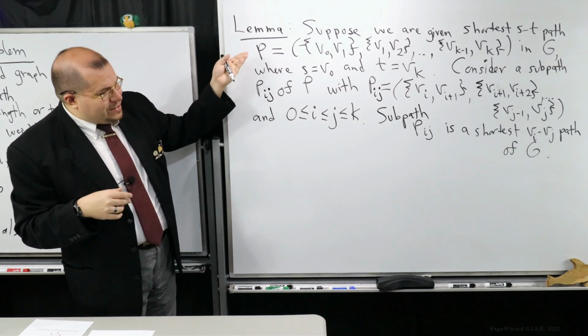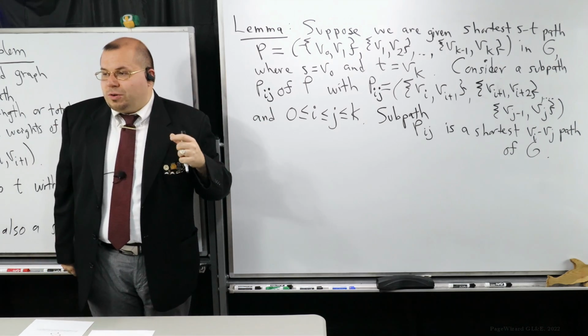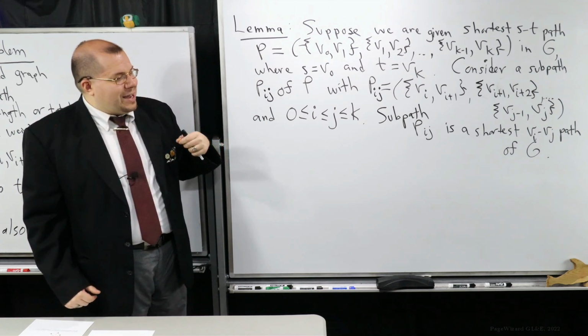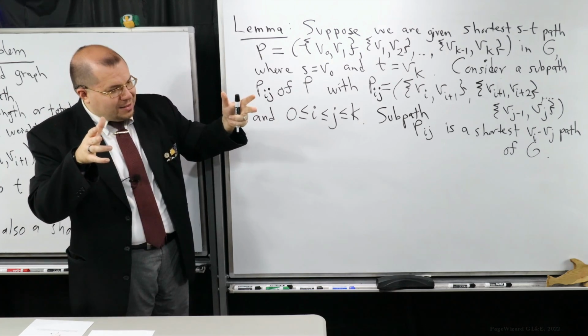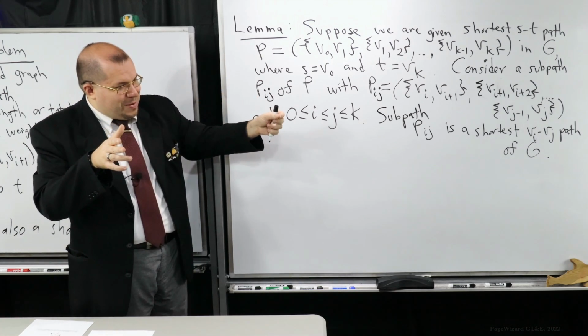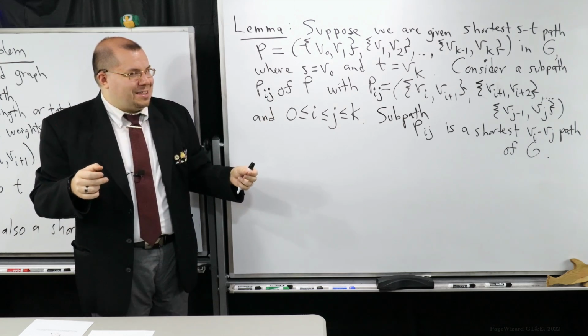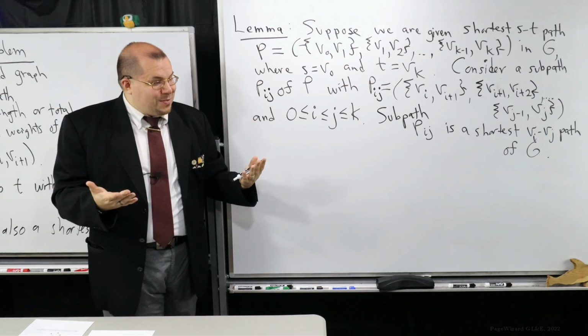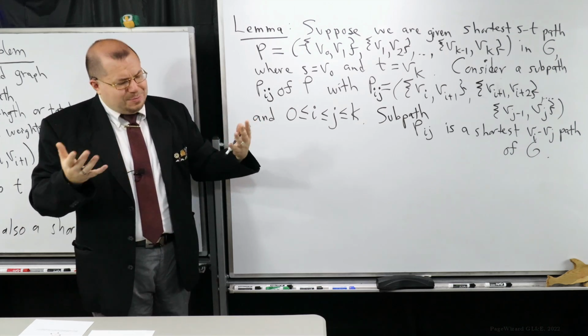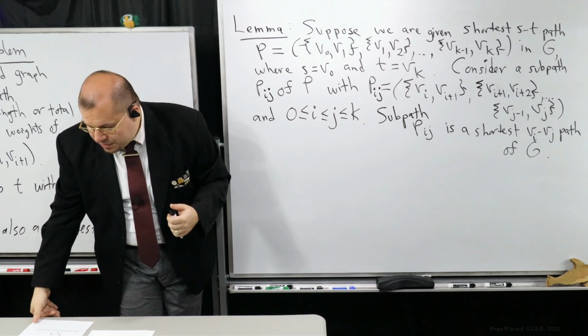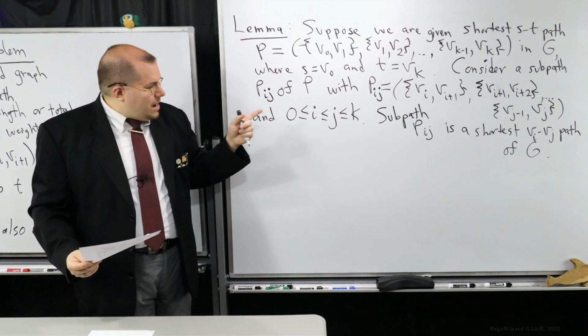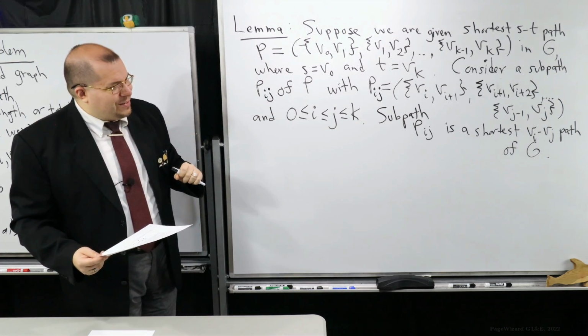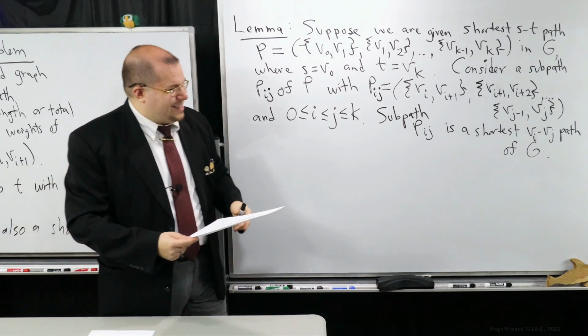In this case, I have a shortest path, and I'm going to show you that you can take one contiguous part of the path that also has to be a shortest path. I've got to show you how we can use that to prove this in the form of a contradiction proof.